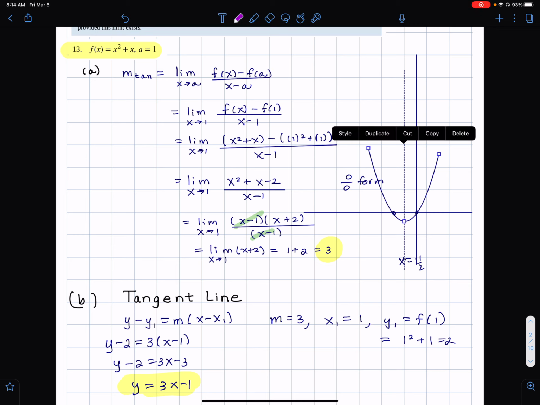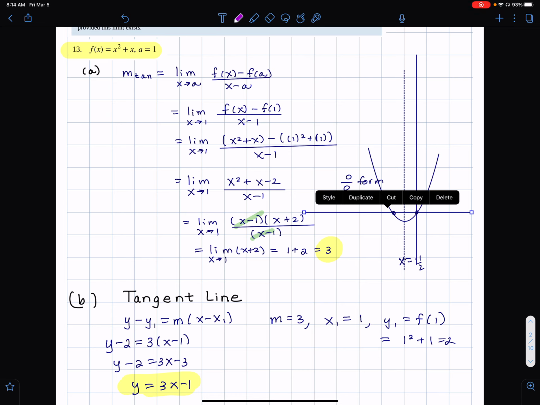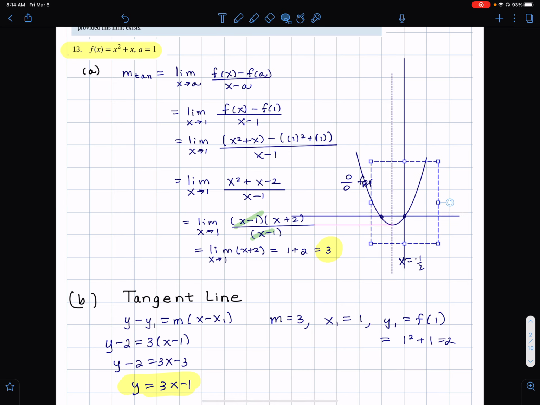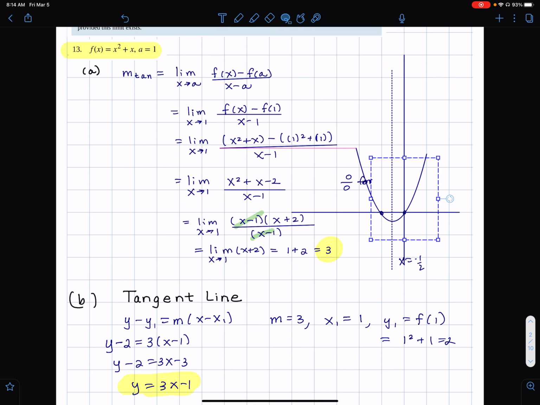But actually my graph is not very good. It's not that good, but it's not that bad either.